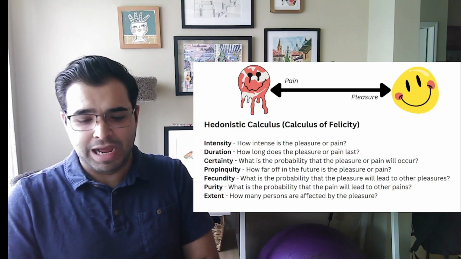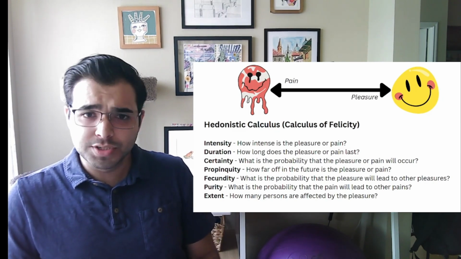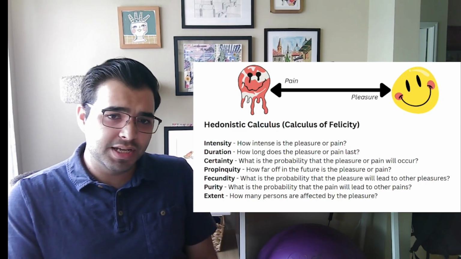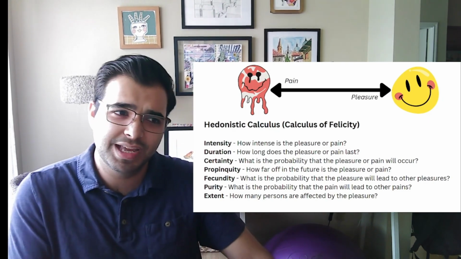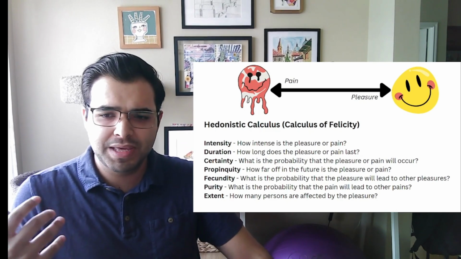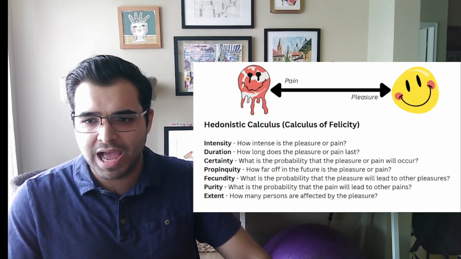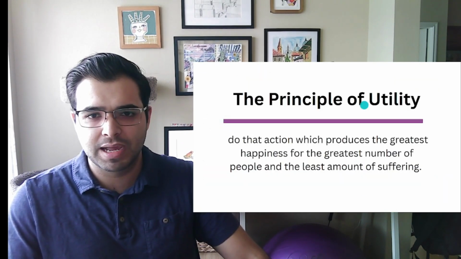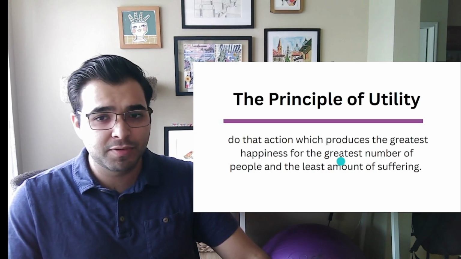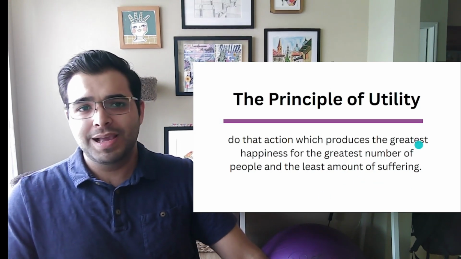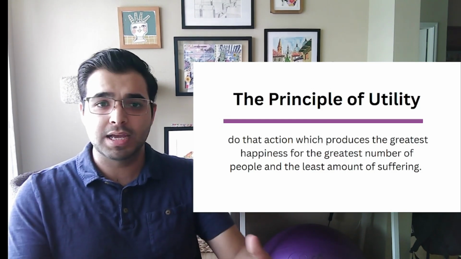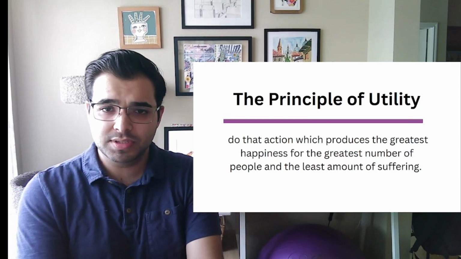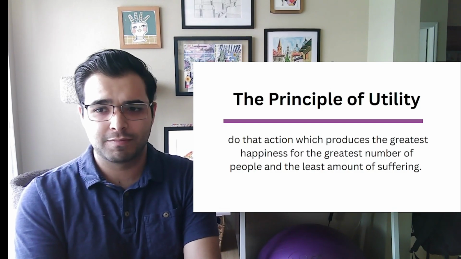and therefore the extent of their influence was much further out. Okay, so the calculus of felicity is extremely important when applying utilitarianism, because you need to be able to articulate exactly how we're going to be cashing out our principle of utility, right? The greatest happiness for the greatest number of people and the least amount of suffering, it's not a good idea to just assert that, right? That, yes, my action will in fact produce this, and trust me on that, right?